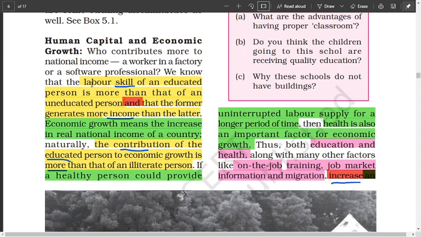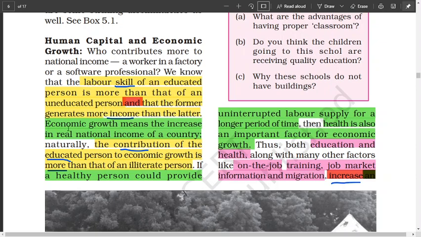So the first thing we look at, education, we understand if more are educated, more are skilled, more are having this knowledge, the more they'll perform better and contribute to economic growth. So there is a kind of a direct relationship between human capital and economic growth. What do we mean by economic growth?